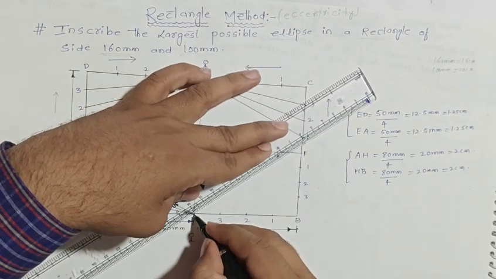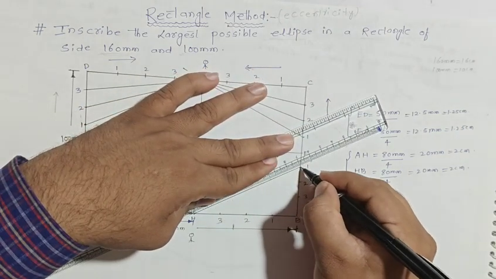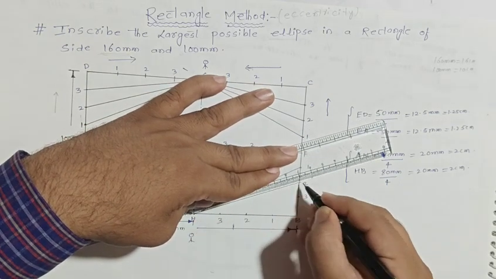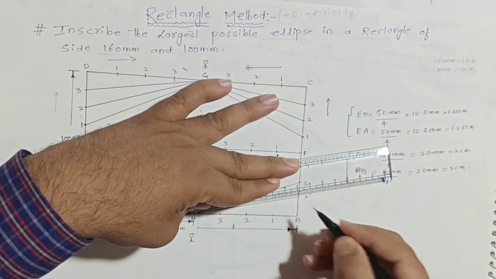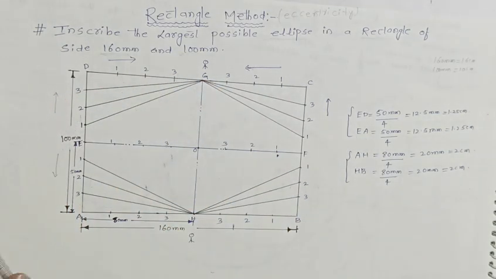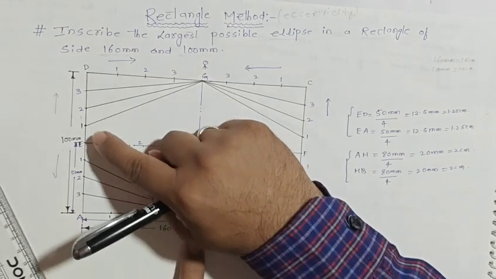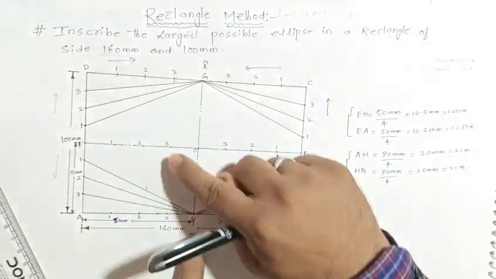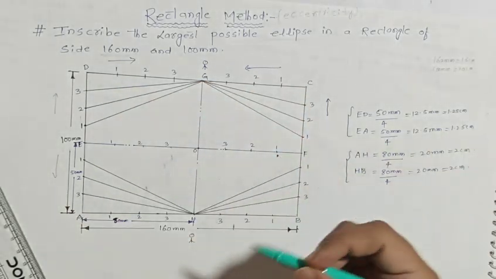From this side, H21, H22, H23. Clear? Then you need to pass a line from H21 to 1, H22 to 2, H23 to 3. Okay, can you able to do it or not? Yes, you can do it.